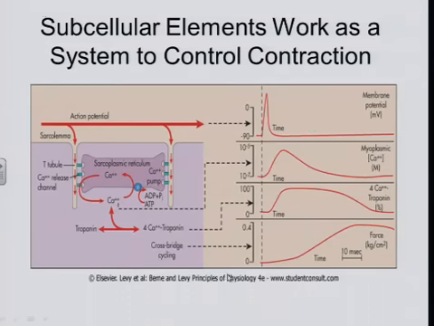So these subcellular controls work in a coordinated fashion. Now, the longitudinal SR has a calcium pump, or SERCA, the sarcoplasmic reticulum calcium pump. And it is like the ATP-sensitive sodium-potassium pump that occurs on the cell surface.